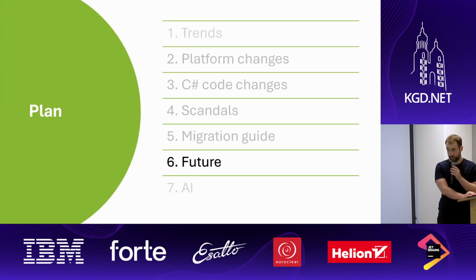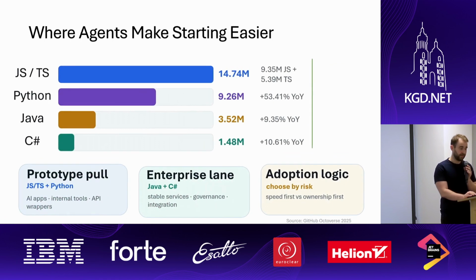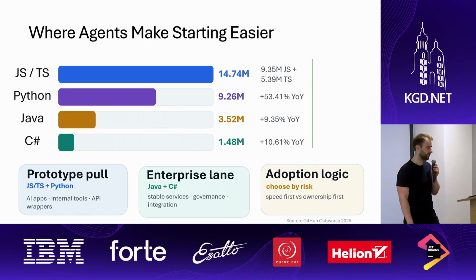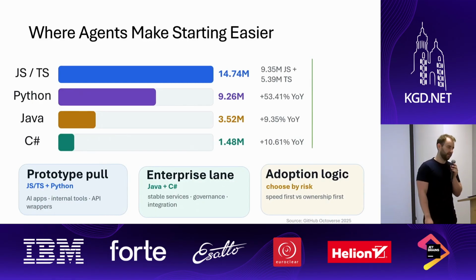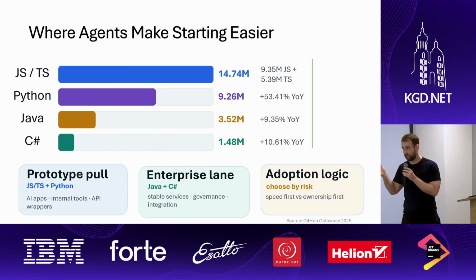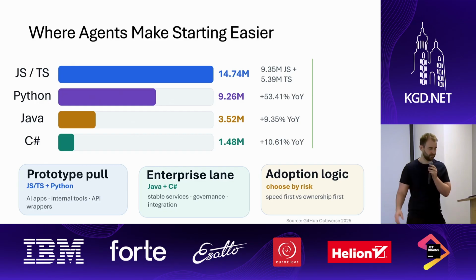We talked about the future a bit, and finally let's look into AI. We are in the AI agent era, and here language gravity matters. These numbers are new repositories. You can see that JavaScript and TypeScript combined are far ahead of Python, Python far ahead of Java, Java near C#.